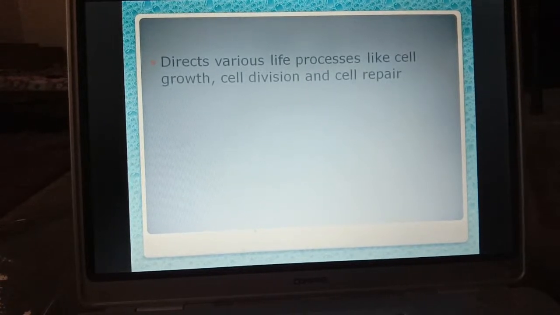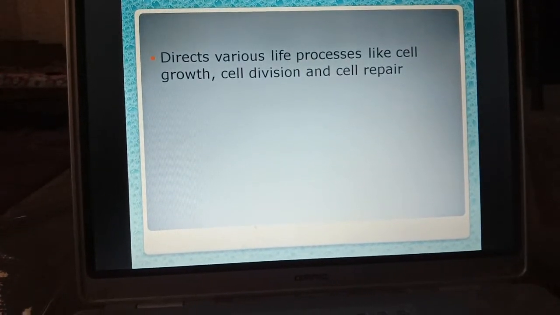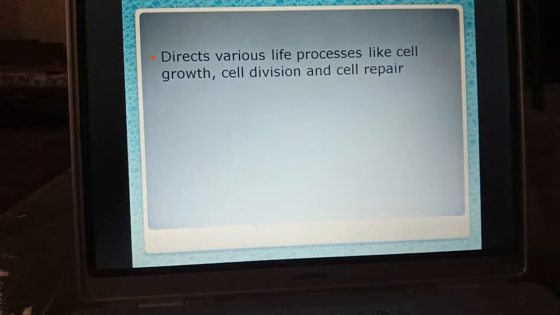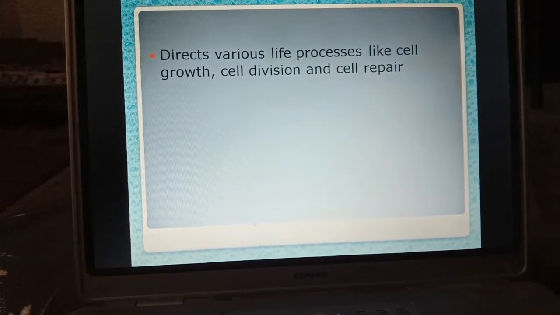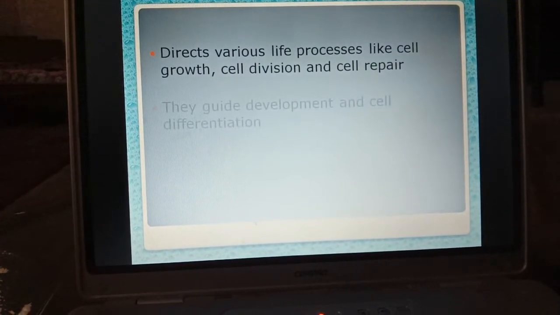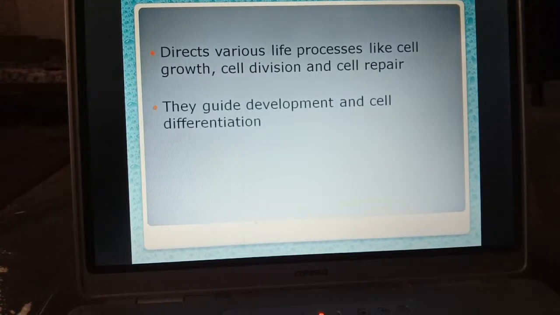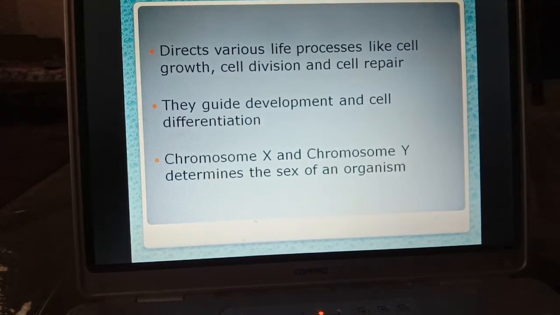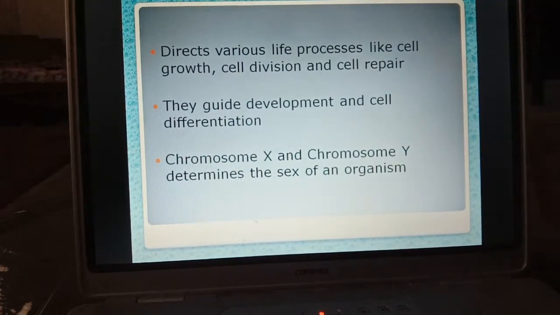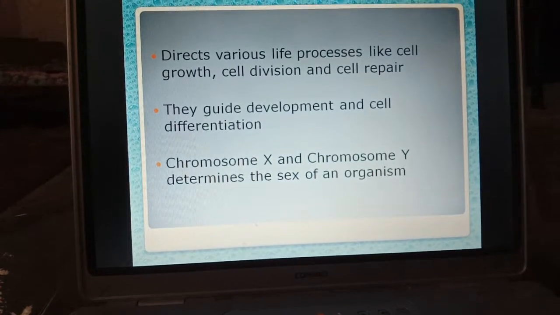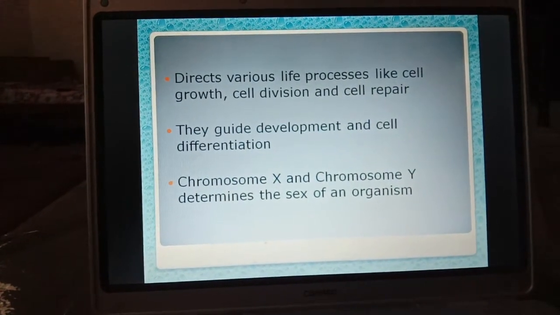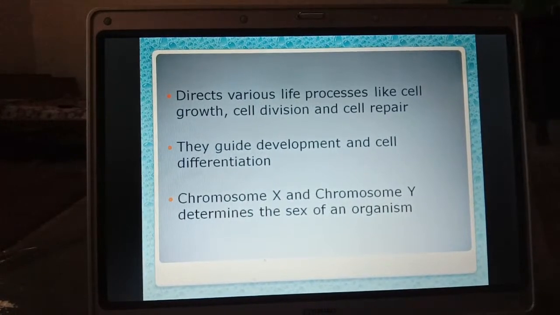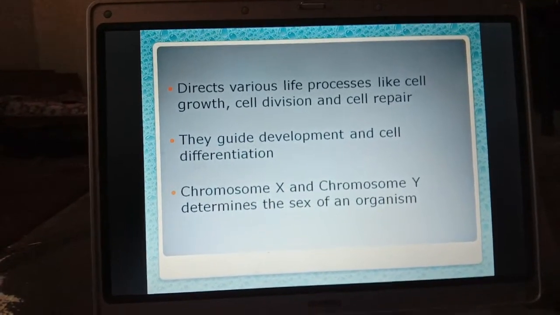They direct various life processes like cell growth, cell division, and cell repair. They guide development and cell differentiation. Chromosome X and chromosome Y determine the sex of an organism, whether it is male or female. As we know, in males the chromosomes are X and Y, and in females it is X and X.